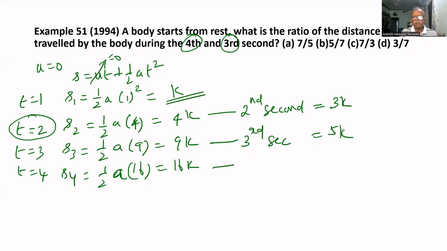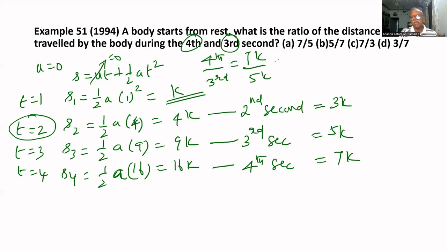Fourth second, what is the travel? 16 minus 9, that is equal to 7K. Fourth is asked first. Therefore, fourth divided by third, that is equal to 7K divided by 5K, that is equal to 7 by 5. A is the answer.